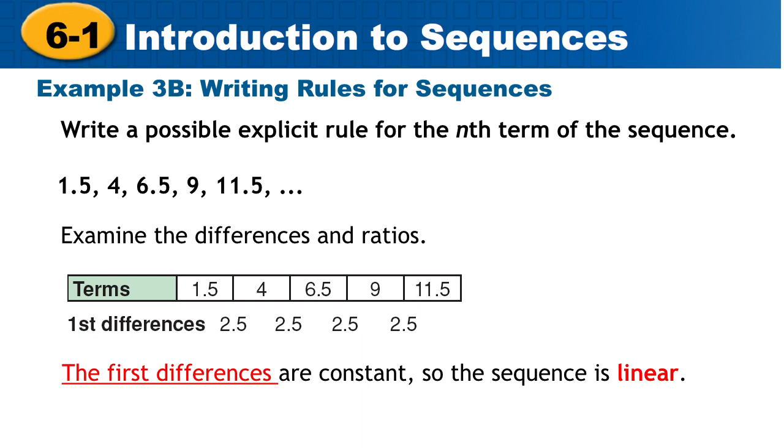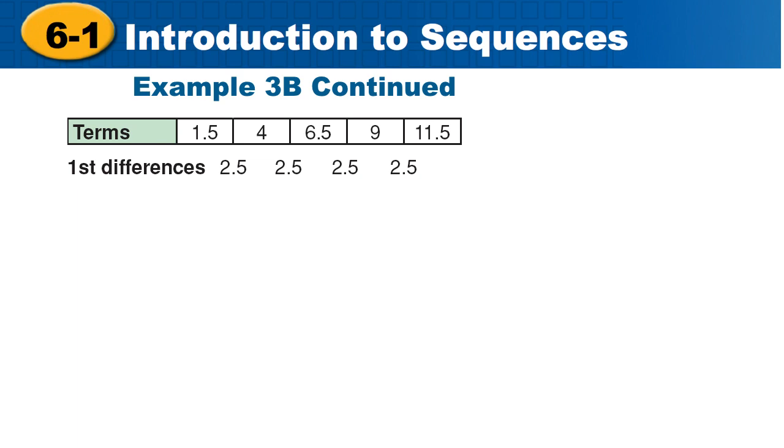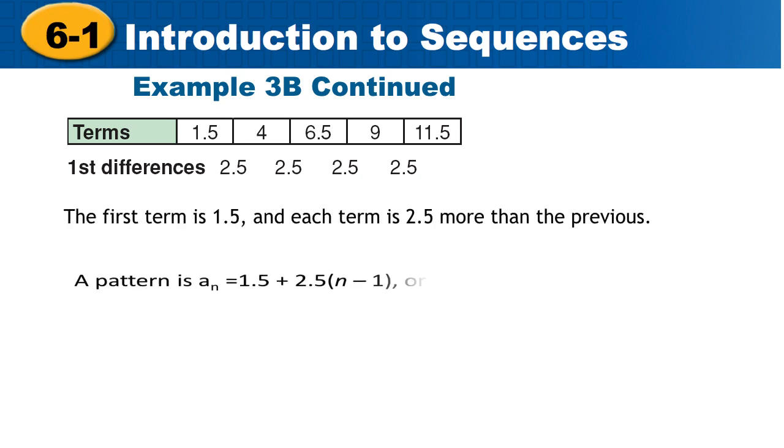So you know how to write a linear equation. It can be written in the form of mx plus b. So b is the starting point, which is 1.5 here. So you are going to write 1.5 first plus the constant difference 2.5 times one term less than the term.